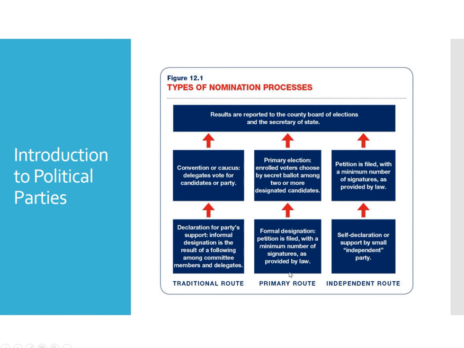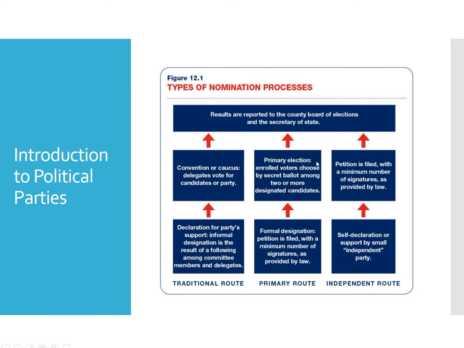But the primary route is the formal route, formal designation. You file a petition with a minimum number of signatures provided by law, and these pathways can vary by state, but you have to petition to become a nominee of the party.